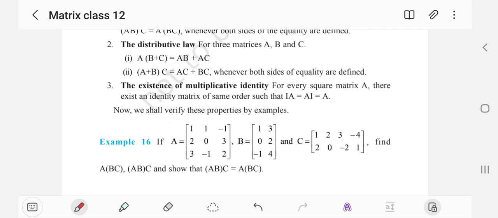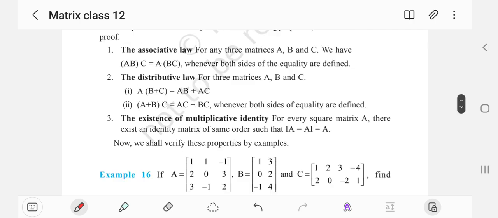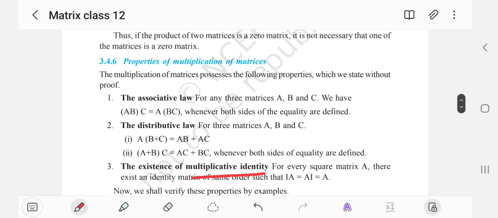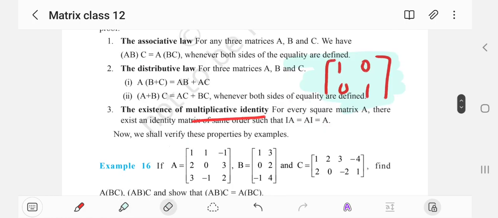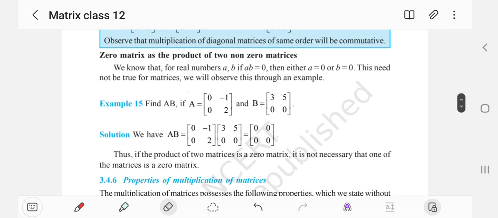If you examine the identity in case of multiplication, it will come out to be 1 0 0 1. What is this? This is nothing but the identity matrix in case of multiplication. If you multiply any matrix, let me give you an example. Let's say A is this matrix.